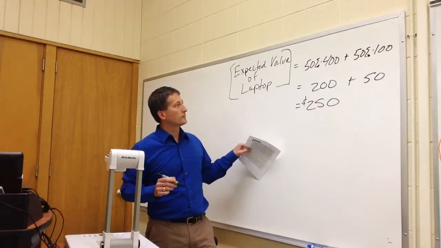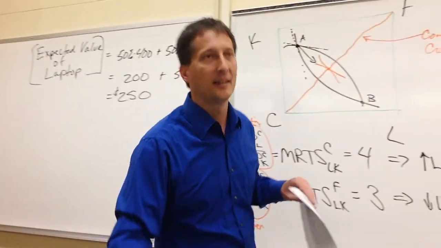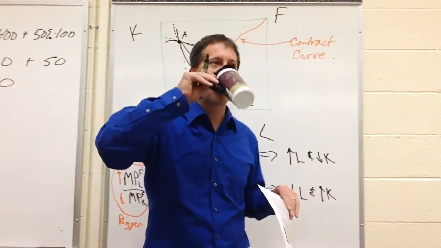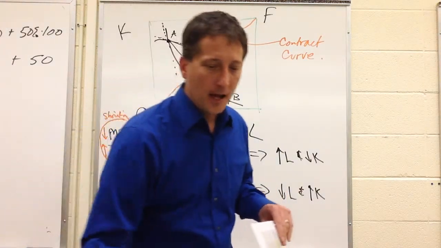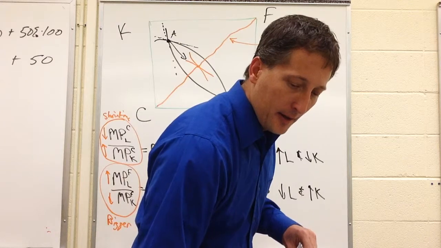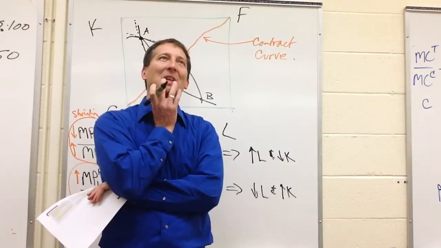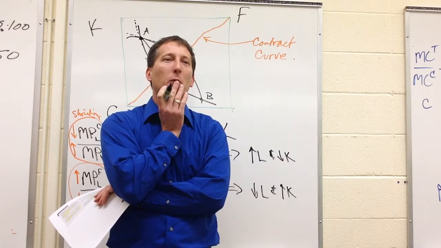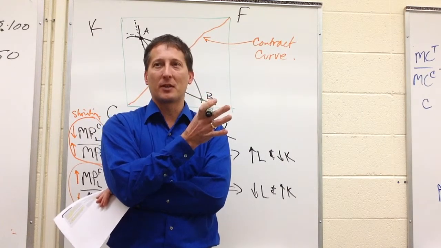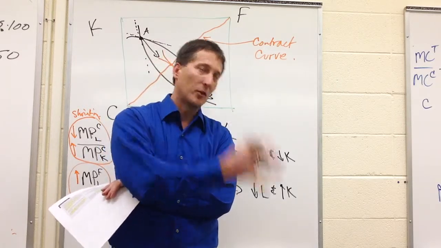Now, where does that leave me with my willingness to pay? We're trying to think of what our willingness to pay is. What was our willingness to pay for a high quality? If we knew it was a high quality, we'd pay 400.